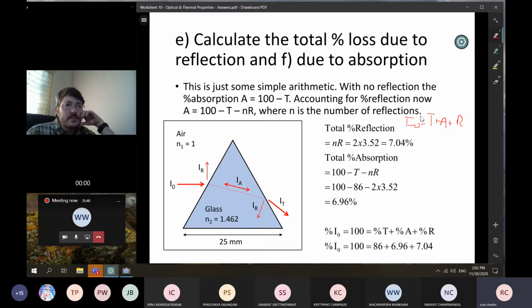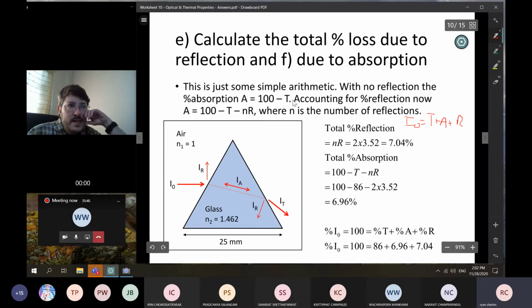So with no reflection, the absorption was 100 minus T. But now we have to account for reflection. So absorption would be 100 minus T minus N times R, where N would be the number of reflections.